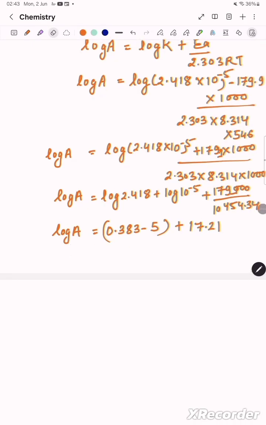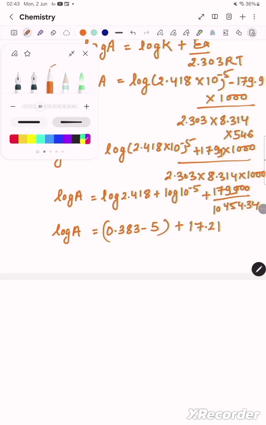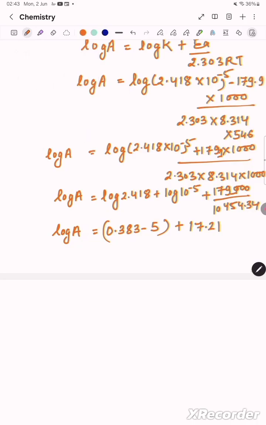Now here log A becomes minus 4.617 plus 17.21. Now after solving, log A is equal to 12.593.